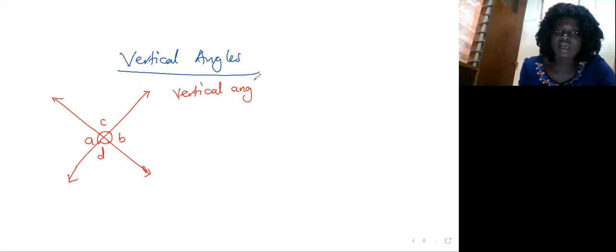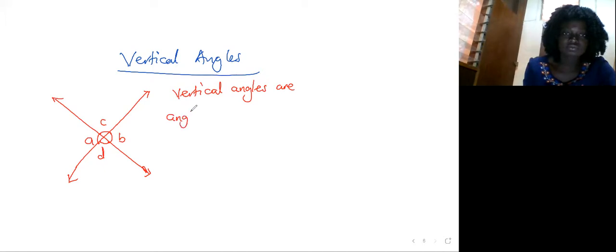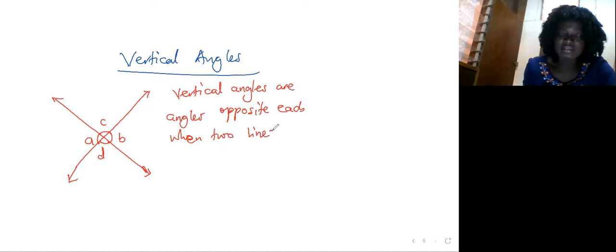so vertical angles are angles opposite each other, as you can see with this one. They are angles opposite each other when two lines cross. When two lines cross.